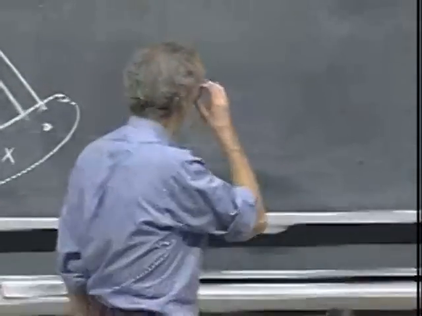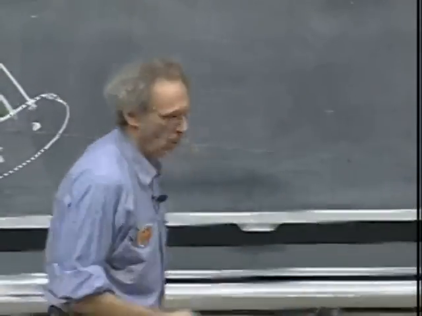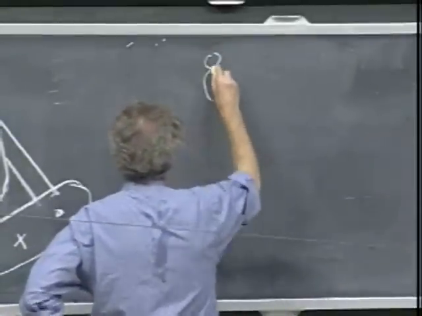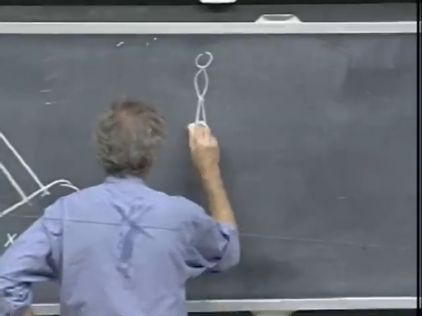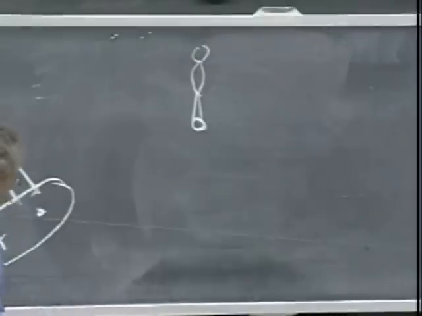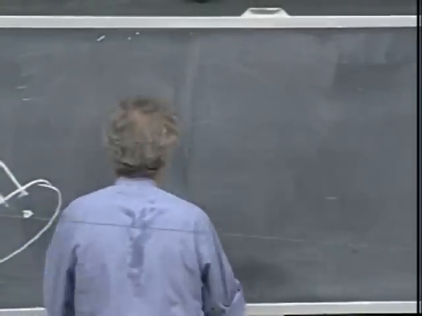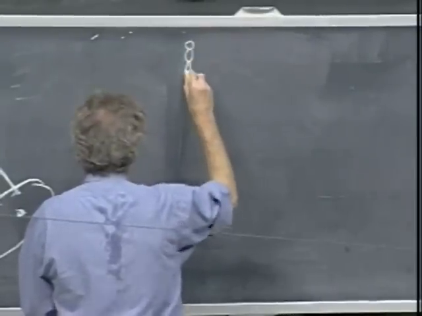Let's now turn to a rope walker. We have a rope walker. Here's the rope walker, standing on the rope. I'll make the rope walker a little smaller. You'll see shortly why. This is the rope walker, and this is the rope.